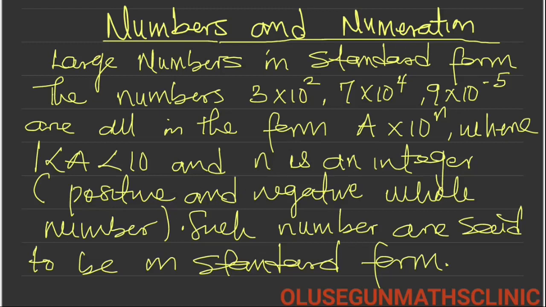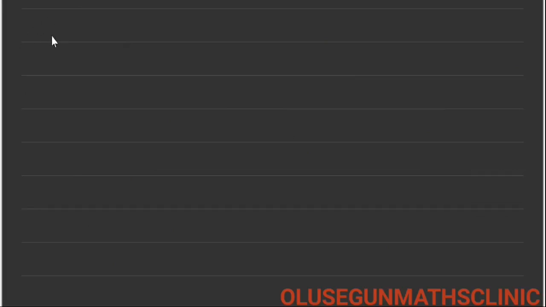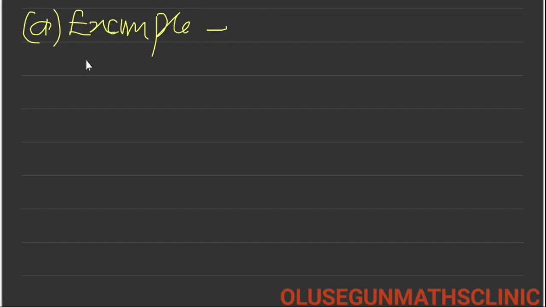Now I want to have a little example. Let's see, example A. When you have 10, it can be written as 10 times 1, which is 10 raised to the power 1. And you know that 10 raised to the power 1 is also 10.